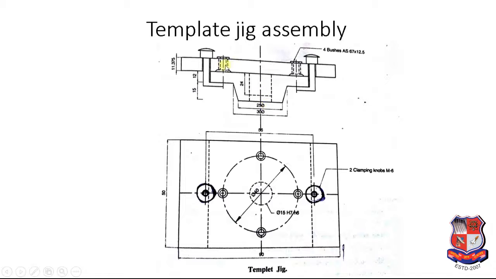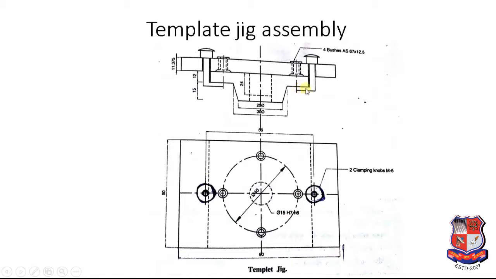So template jig mainly has 2 components, template plate and boss. Boss will be inserted in the throughout hole of the component. Boss is exactly located on the opposite side at which we need to drill the hole.